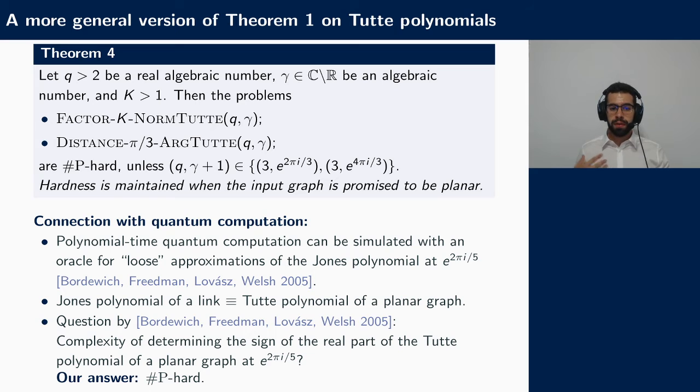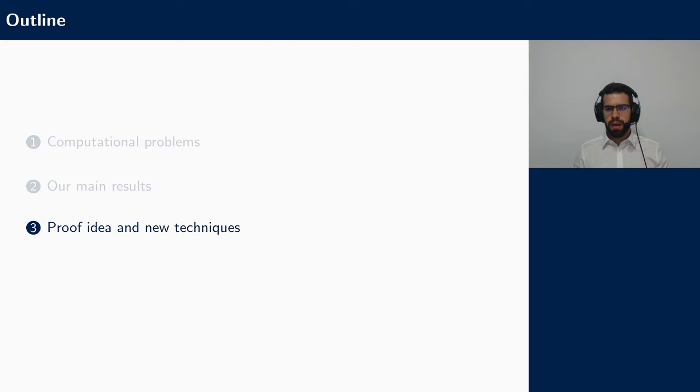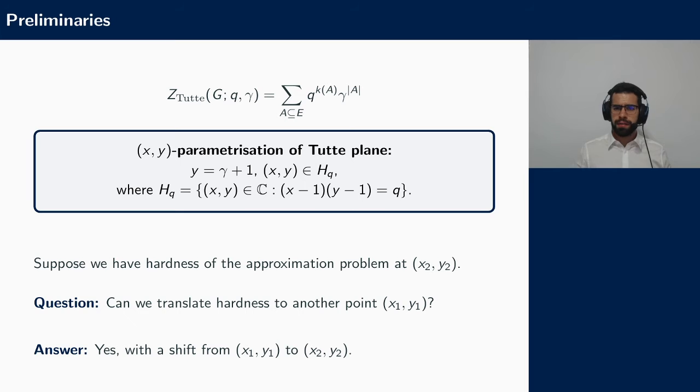What we prove is that this problem is #P-hard, actually just answering their question. So now, in the next 10 minutes, I'm going to give some of the ideas that you can find in our proofs. First, I need some preliminary material.